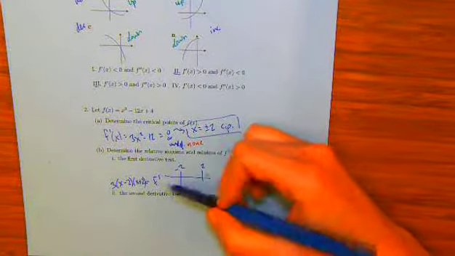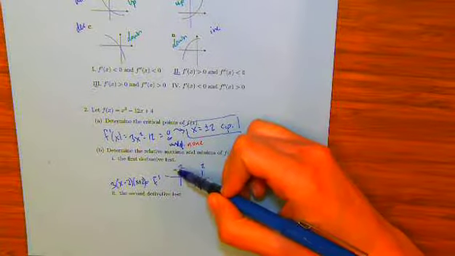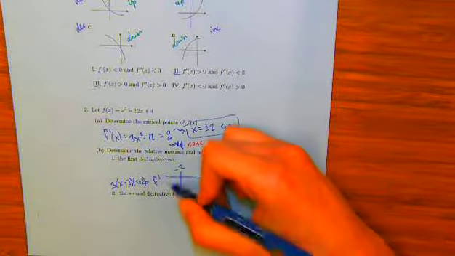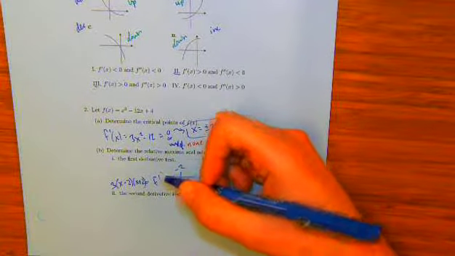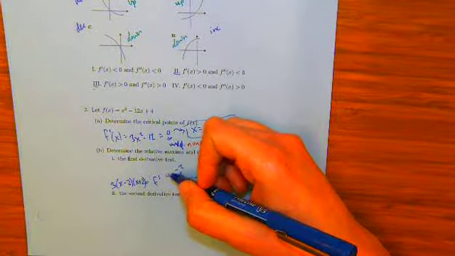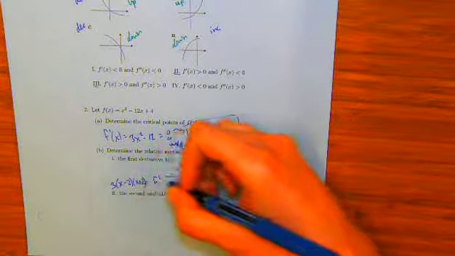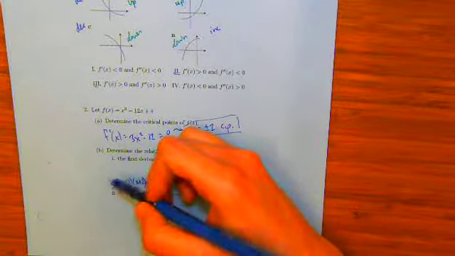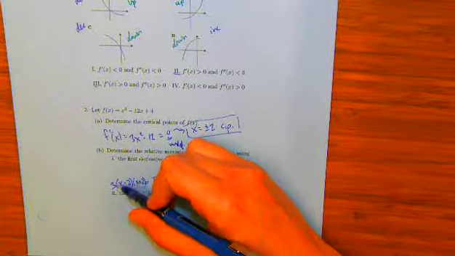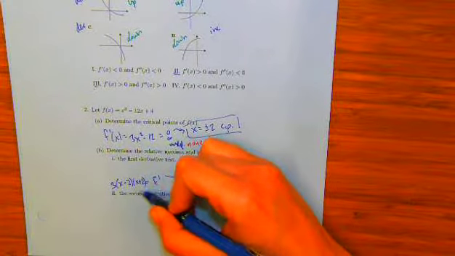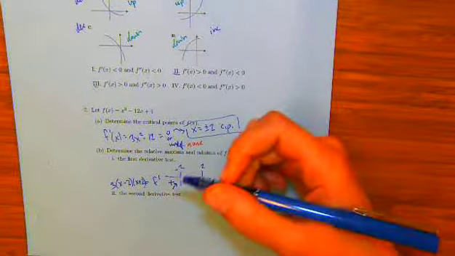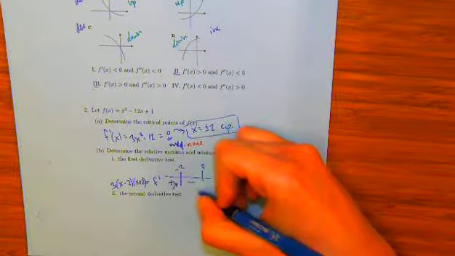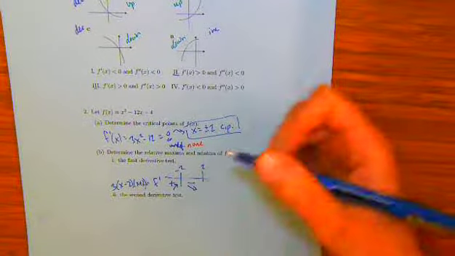All right, anything smaller than minus 2, what would you get for the sign of the first derivative? Careful. So like you'd get positive, right? Because if you plug in minus 3, this would be minus times another negative, so it'd be plus. All right, anything between minus 2 and 2. Yeah. And then bigger than 2?